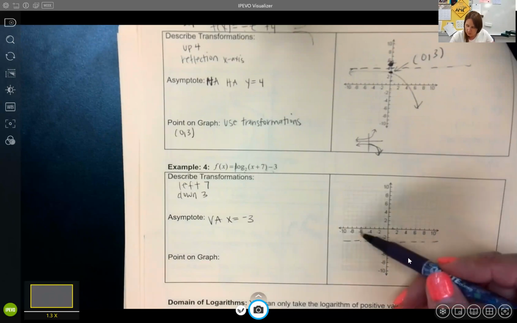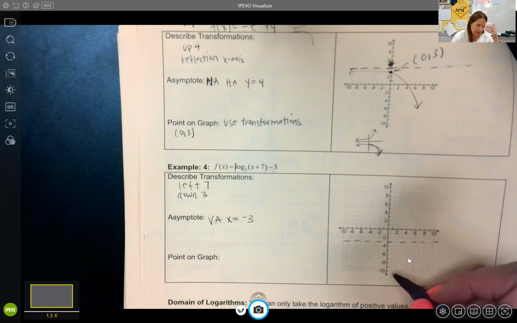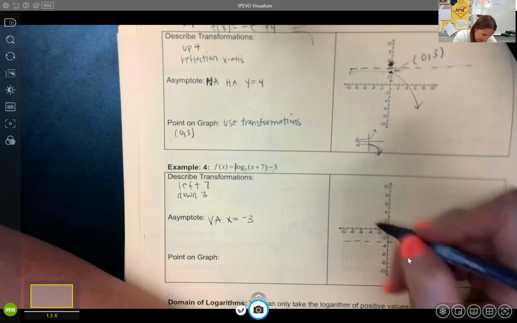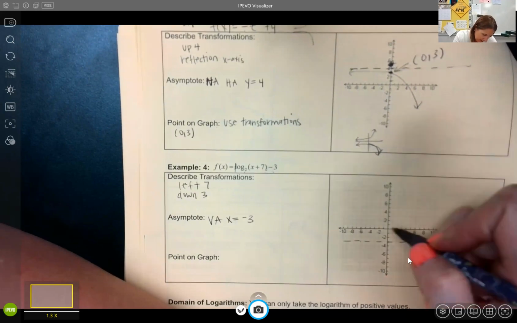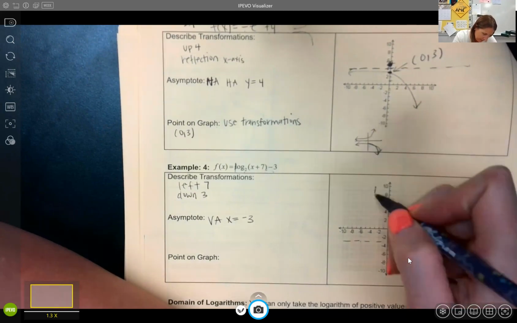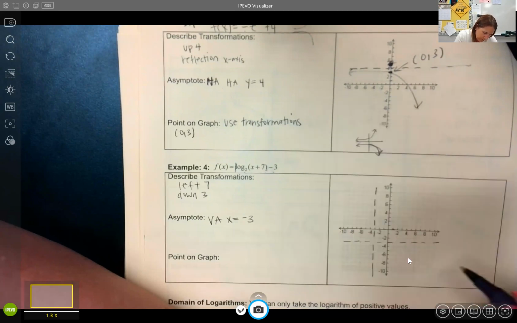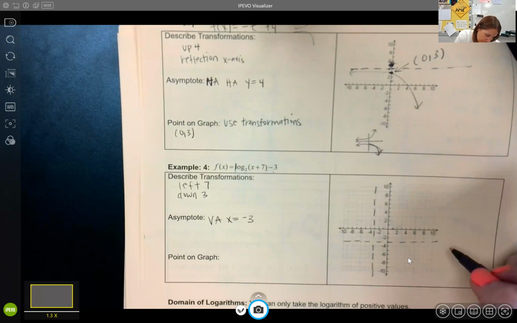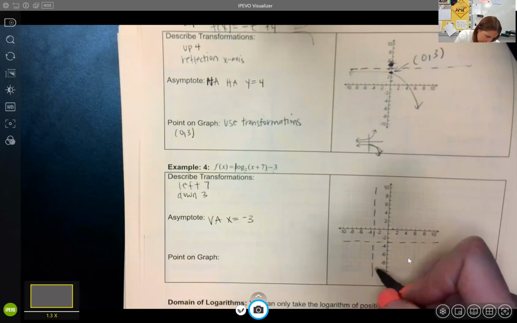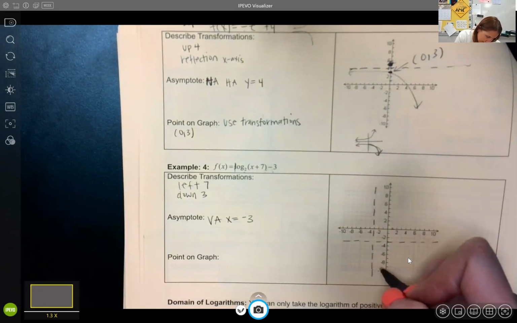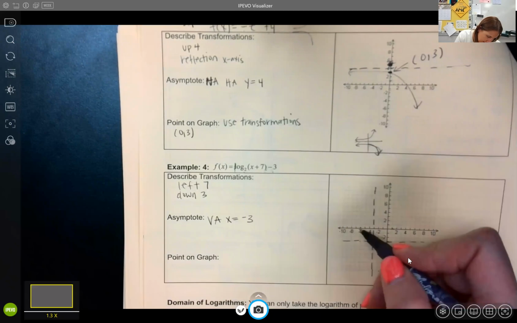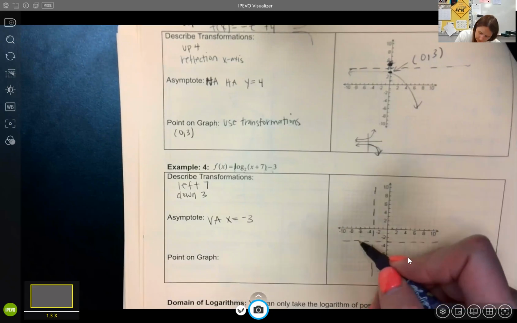What you're going to notice is I keep messing up these asymptotes. Oh, I'm still on spring break, you guys. I'm so sorry, but I drew the asymptote in the wrong direction. You're probably noticing that wouldn't work to have that asymptote right there. So if I go left 7 and down 3, this is where our starting point is.